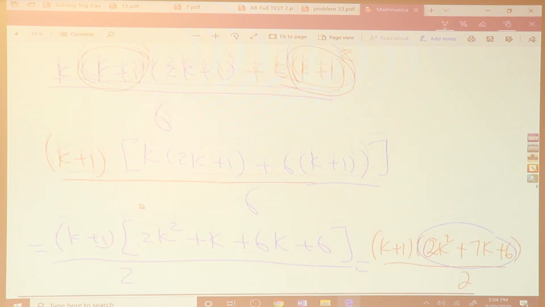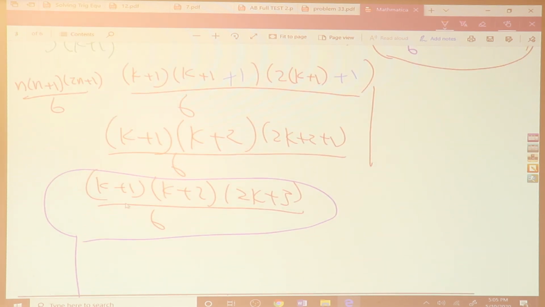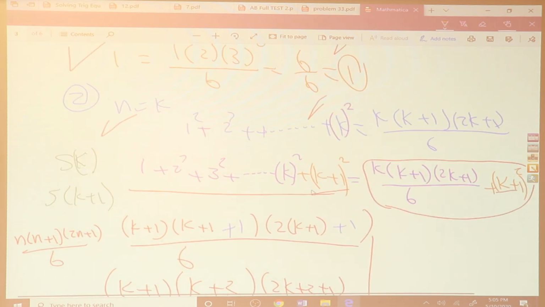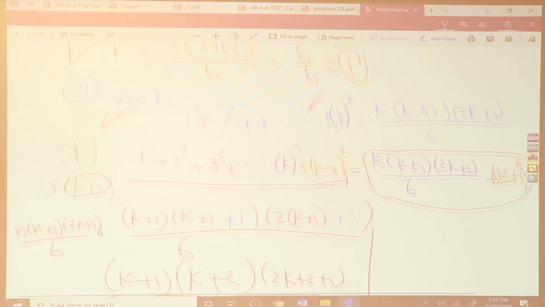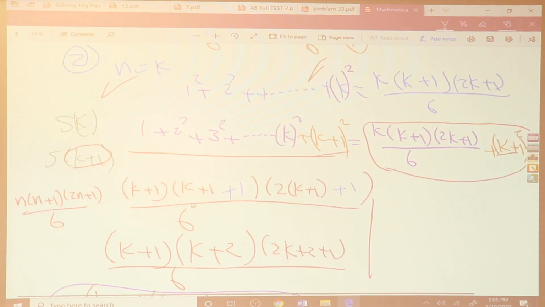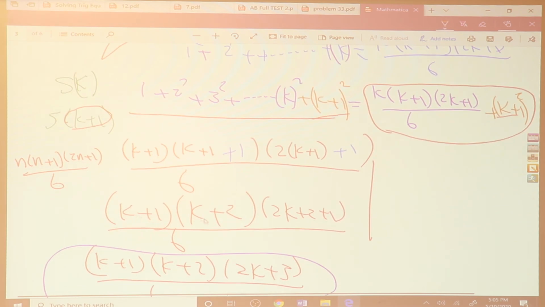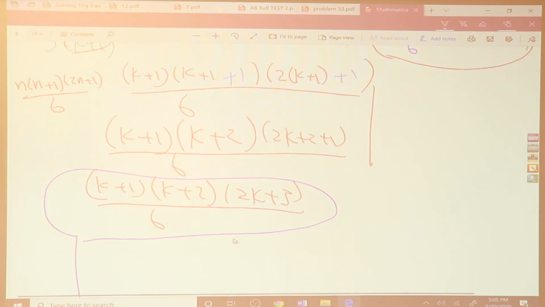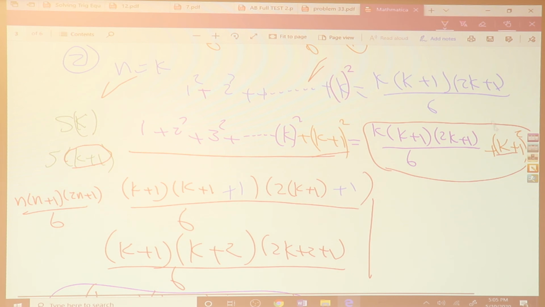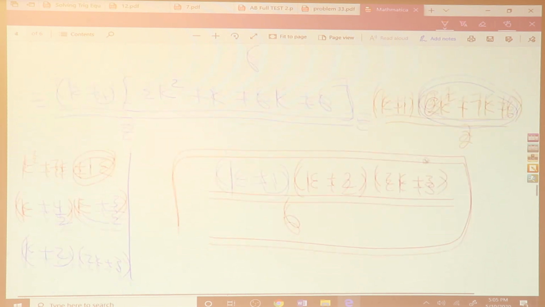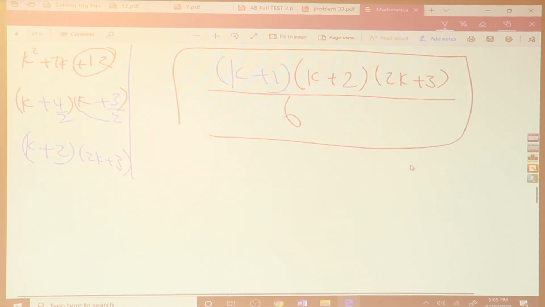When I add k plus 1 squared to the other side and simplify, I end up with the same as the left side.